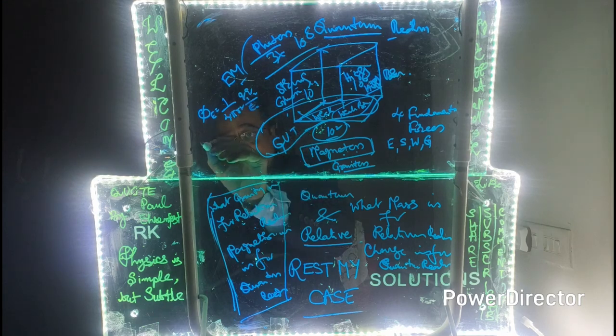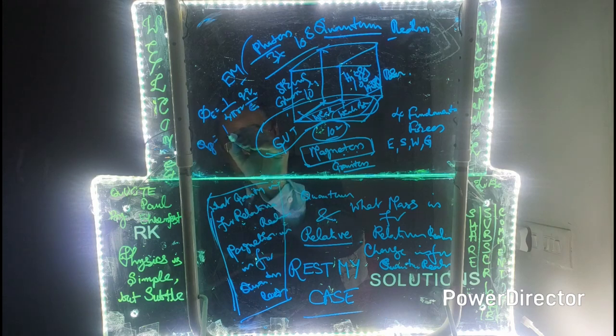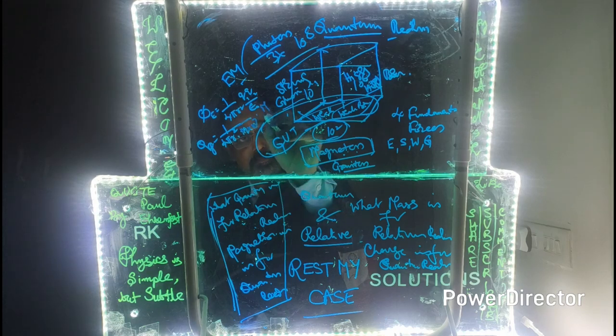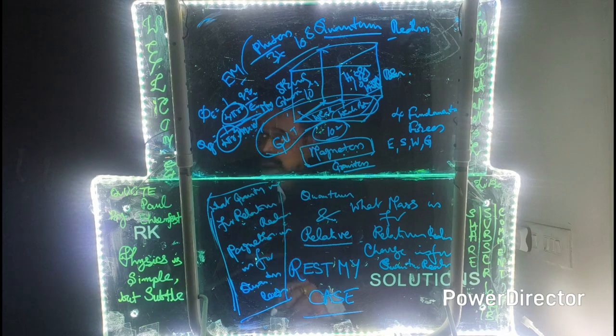For gravity also I derived a similar equation: 4 pi r squared into 190 into 10 raised to 7 into m1 m2. Basically 4 pi r squared is Q1 Q2 by epsilon naught, and this is m1 m2 by 190 into 10 raised to 7.